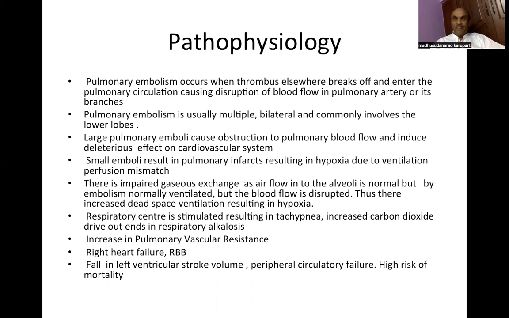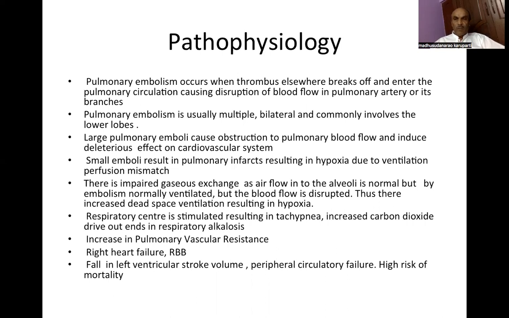That is an incidental finding in certain patients with large pulmonary embolism. It's not always like that. So the spectrum of presentation of pulmonary embolism is variable. That is the reason for delayed diagnosis and the high rate of mortality related to pulmonary embolism.